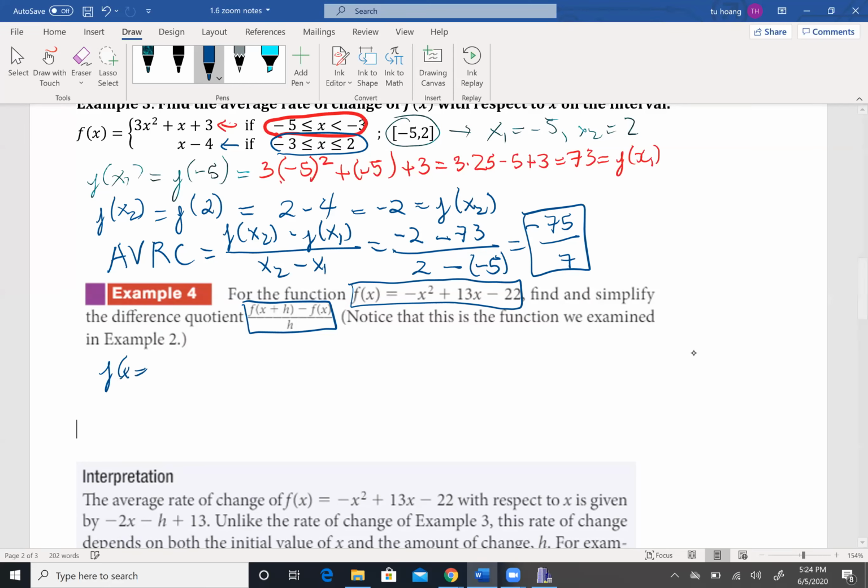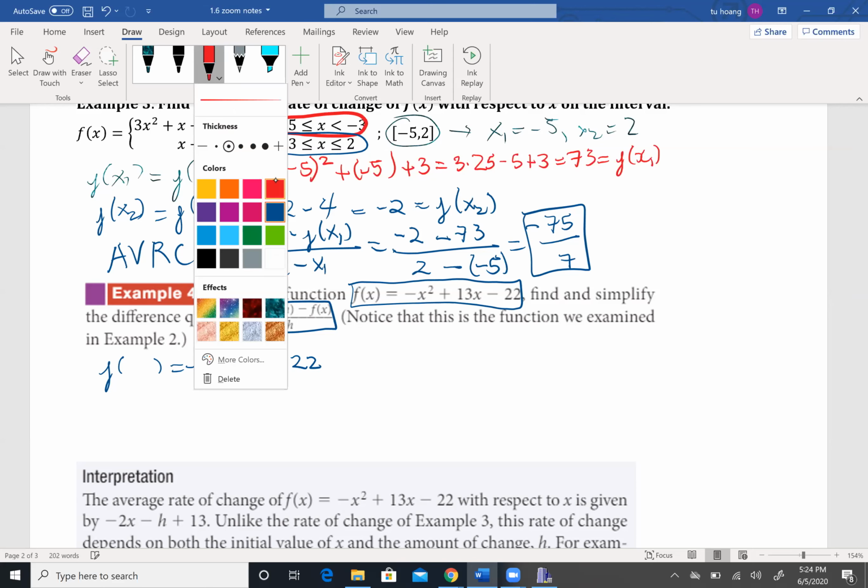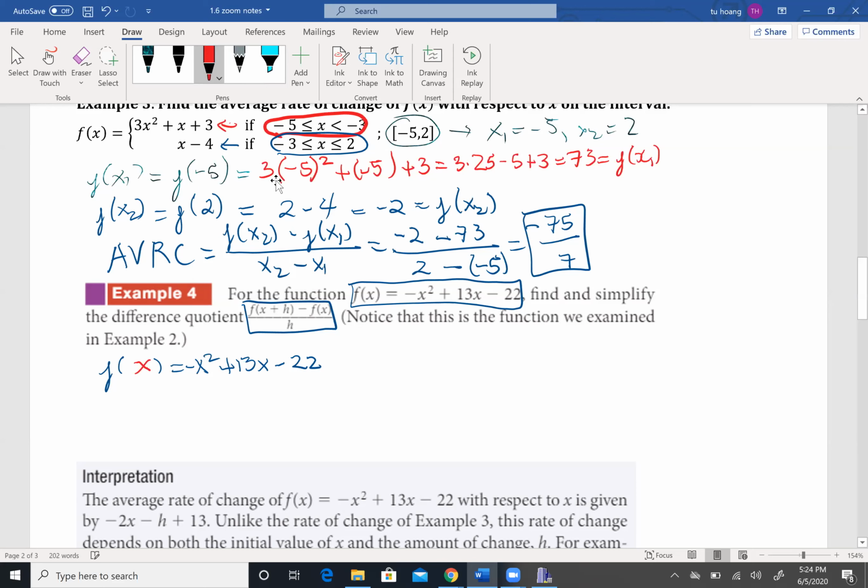So I will rewrite f(x) equal to negative x squared plus 13x minus 22. And I would like to change it to red color.